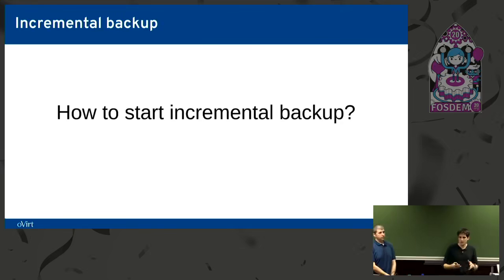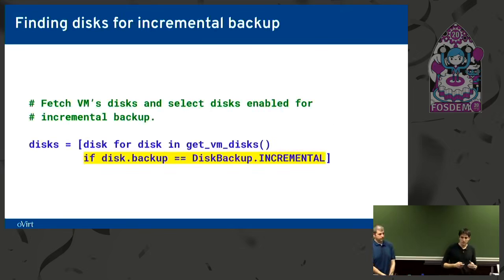We can do an incremental one, right? But before that, we need to filter the disks. Only QCOW2 disks are supported for incremental backup, and the user must mark the specific disk that he wants to participate in an incremental backup. This will be marked by disk backup.incremental.